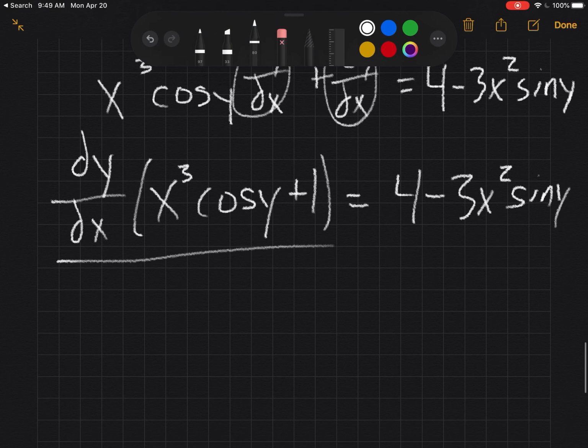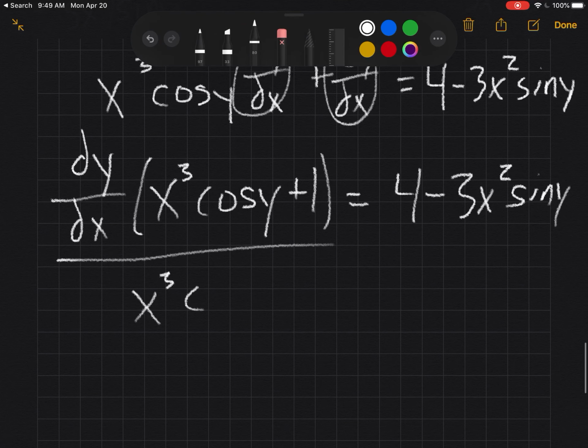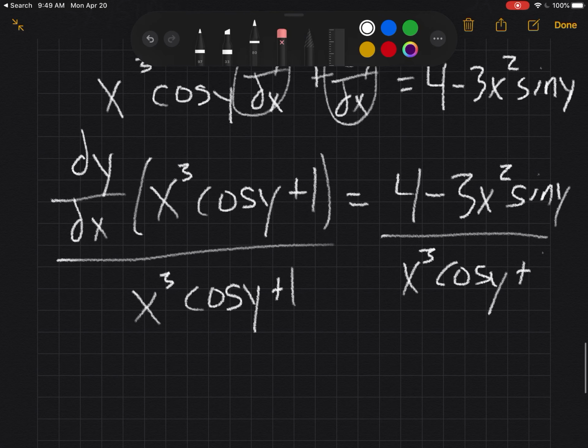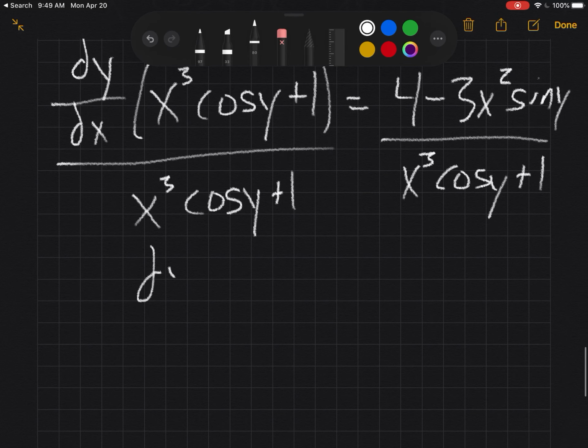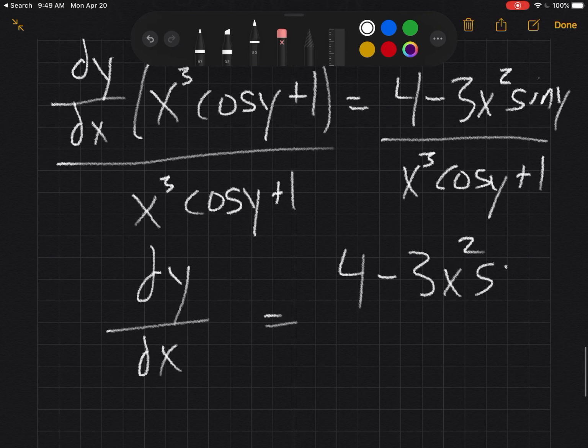And now these have a common factor of the derivative of y with respect to x. So I can actually factor that out and say now I have the derivative of y with respect to x times x cubed cosine y plus 1 equals 4 minus 3x squared sine y.